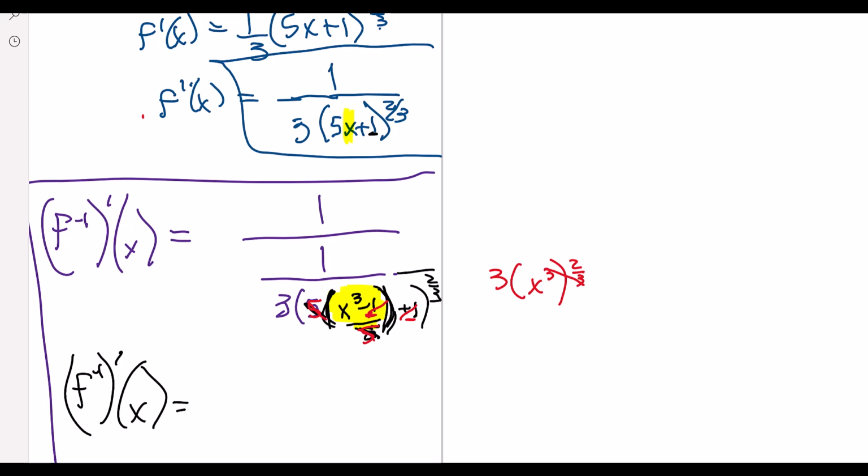So those cancel. That leaves 1/3x squared. And then when you multiply by the reciprocal, you end up with, so the derivative of the inverse is simply 3x squared.